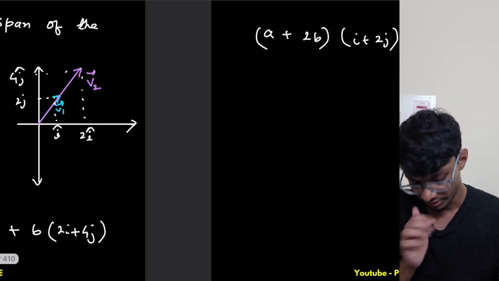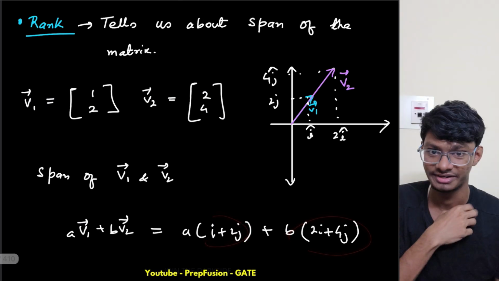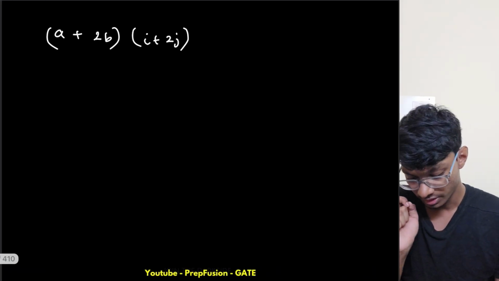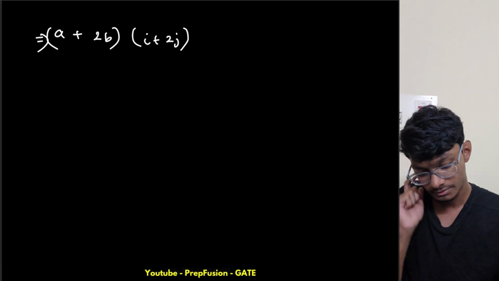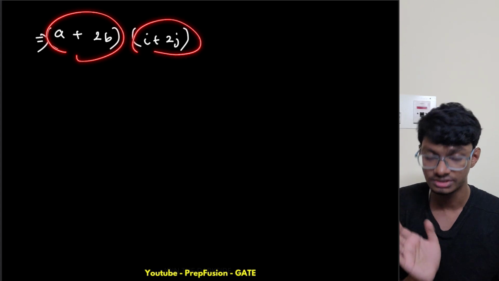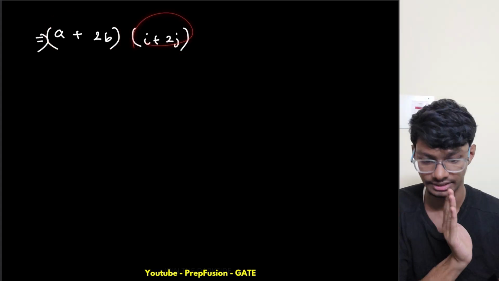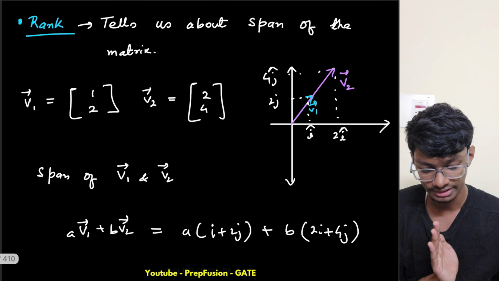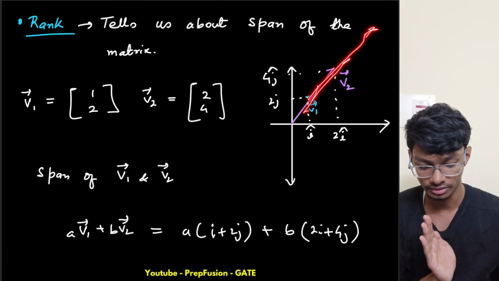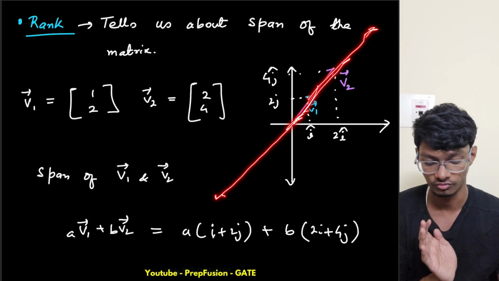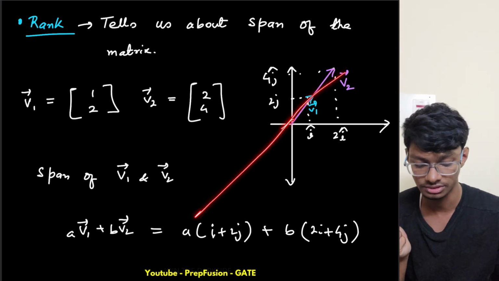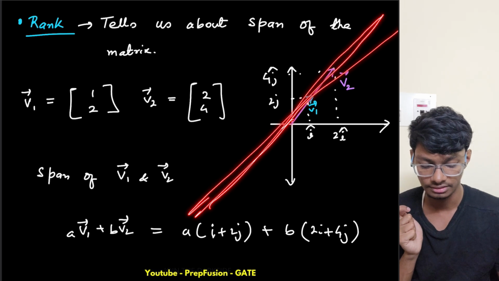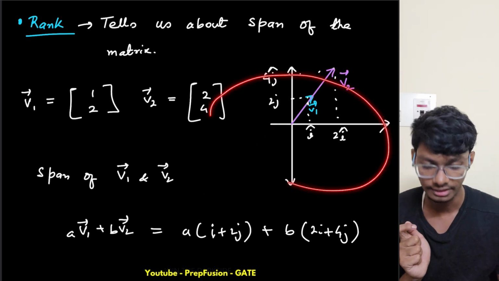It is a scalar multiple of i plus 2j, which is a particular direction. What I am doing is just scaling this line. I can scale it this way, or go in the negative direction. I can only cover a line. I cannot cover the entire ij plane.